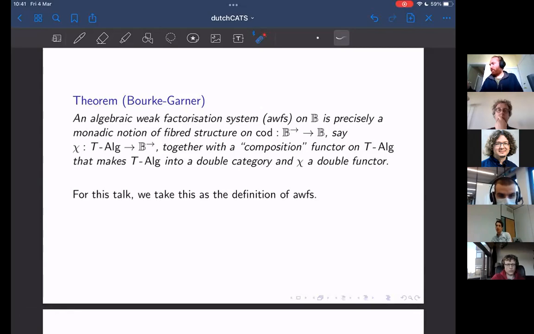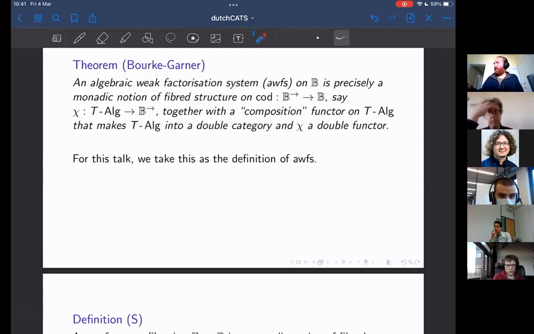So an algebraic root factorization system is a monadic notion of structure on a codomain fibration, together with some kind of composition functor that makes this T-algebra into a double category and chi into a double functor. I think of this as a kind of algebraic version of sigma types.